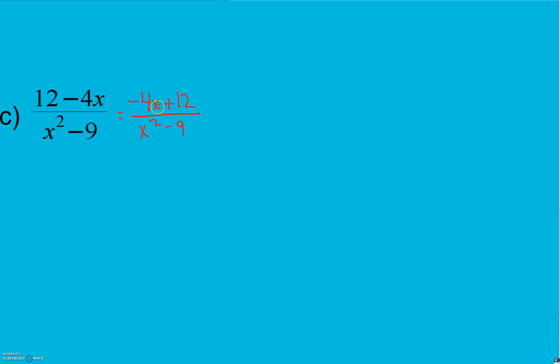So in my numerator, I always want my x when I'm trying to find factors to be positive. So what I'm going to do is take both of those and divide by negative 4. I'm going to factor out the negative 4. I'm going to be left with x minus 3. And again, we could FOIL that back and check it. Negative 4x plus 12. So we're good.